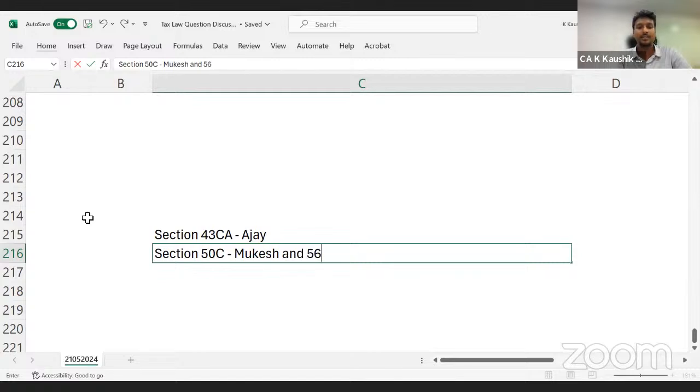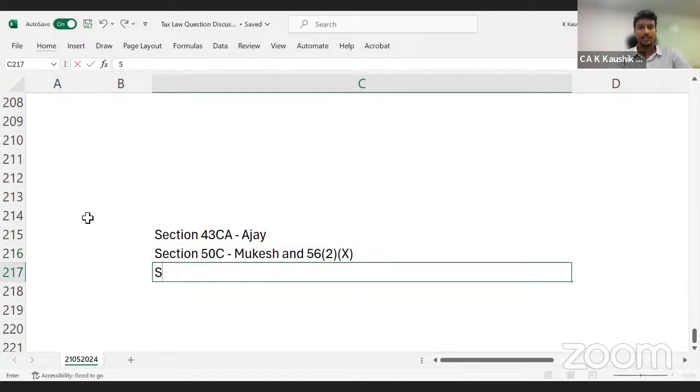And section 56(2)(x) in the hands of Deepti.